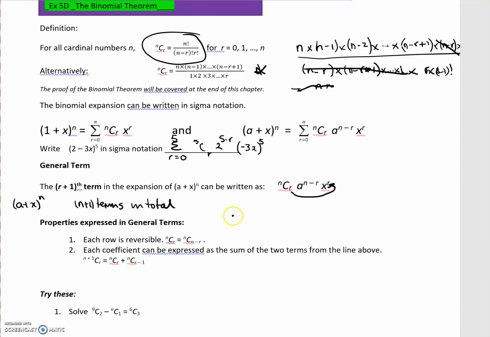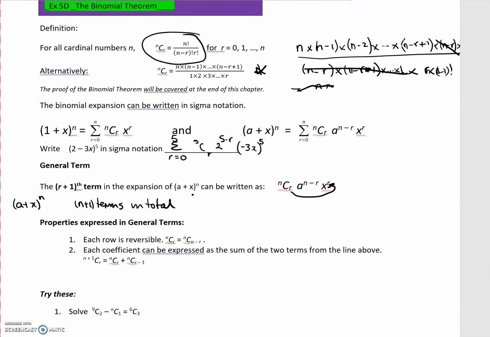Just getting a handle on that concept is really important for the next exercise, because we're going to be talking about finding the greatest coefficient. So if we want to say the greatest coefficient is the 4th term in the expansion, the 4th term won't be nC4.